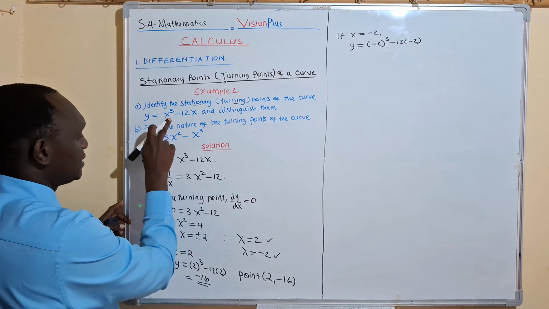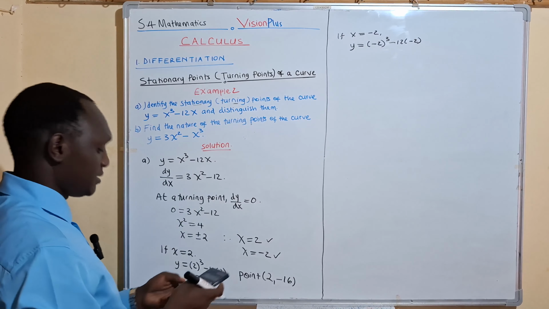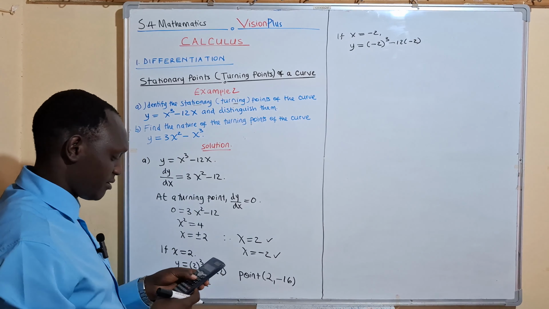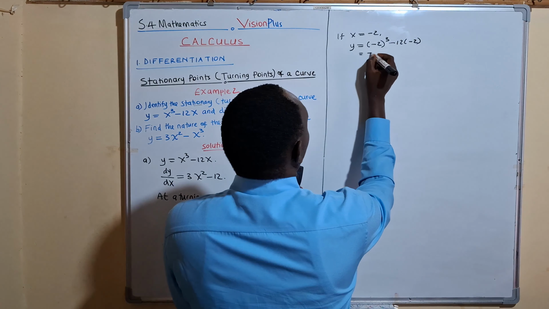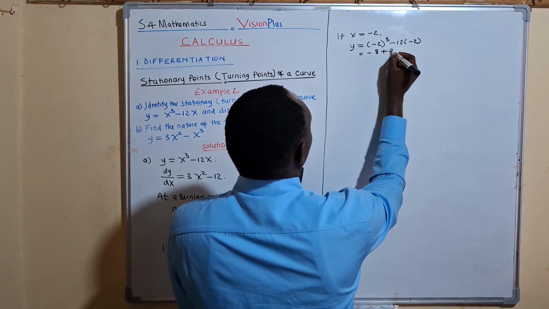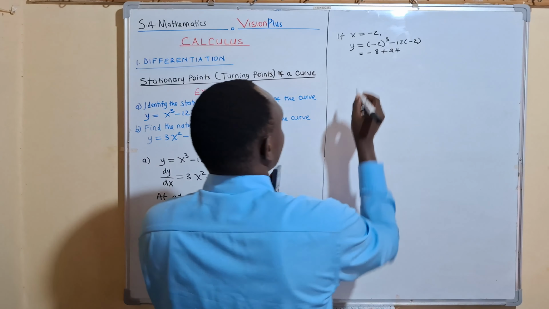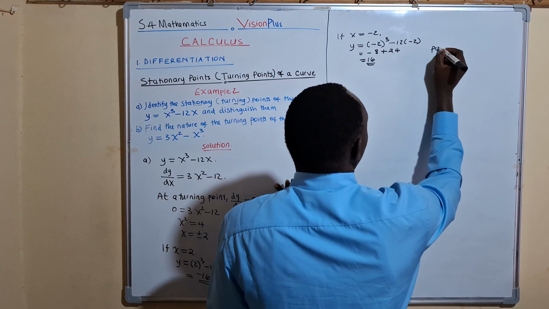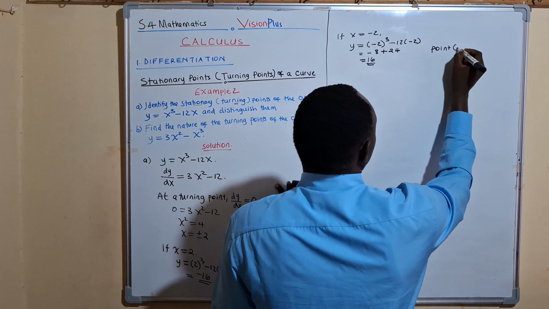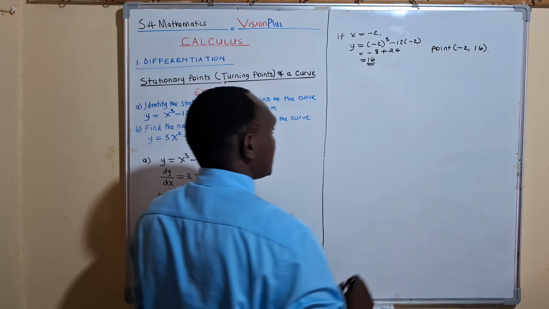Yes, this is the equation we are using. Negative 2 to the power 3 is negative 8, plus 24. So I'm getting positive 16. So the other turning point is negative 2 and 16.